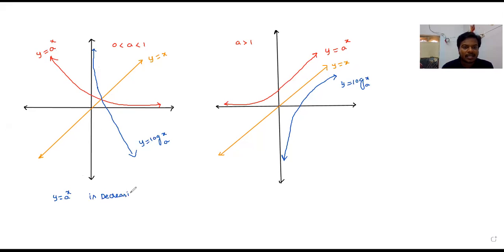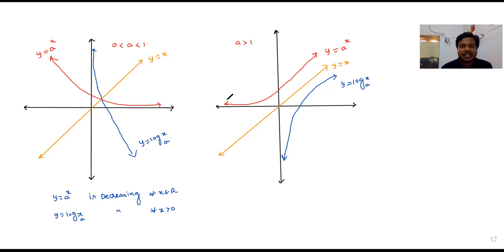Decreasing for all x belongs to R. And log x base a is also a decreasing graph, right? y equal to log x base a is also decreasing for all x more than 0, remember. Only for positive values of x, the logarithmic function is defined. So here you have to write for all x more than 0.